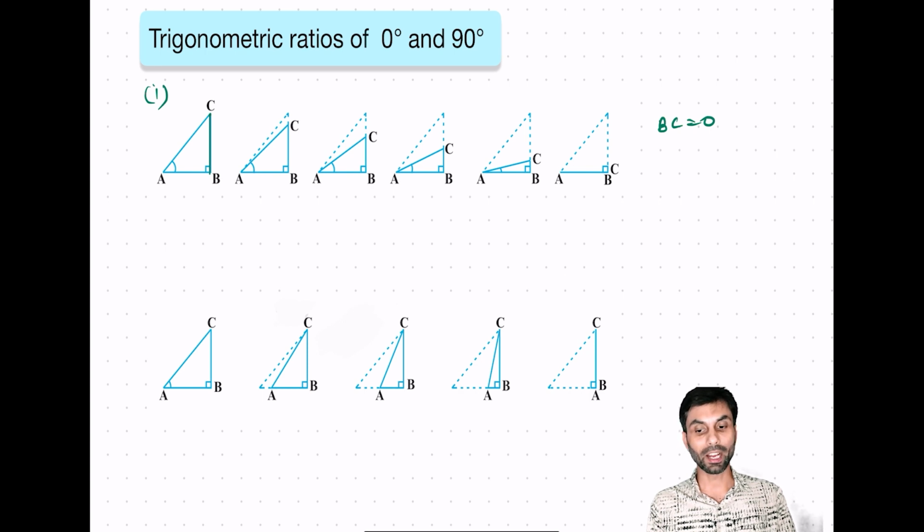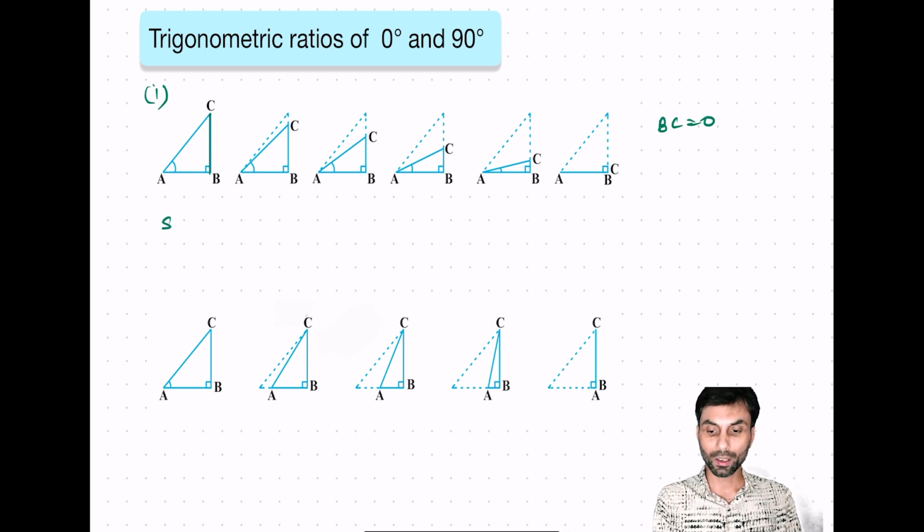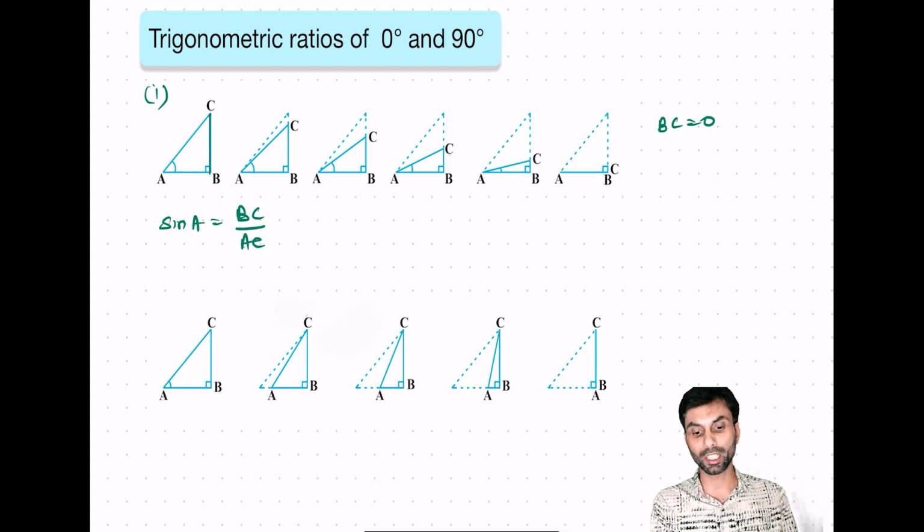And if the value of BC becomes 0, what will we get as sine of angle A? This will be BC upon AC, and if angle A becomes 0, that means BC will be 0. So it will be 0 upon AC, equal to 0.